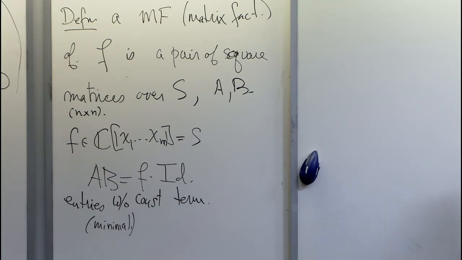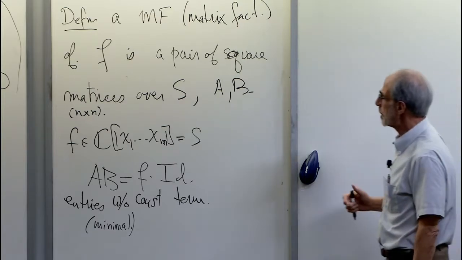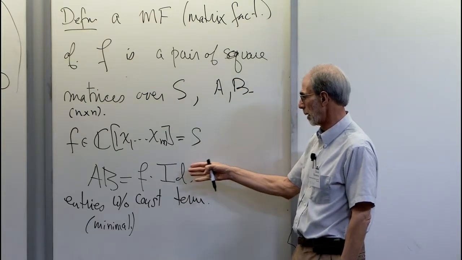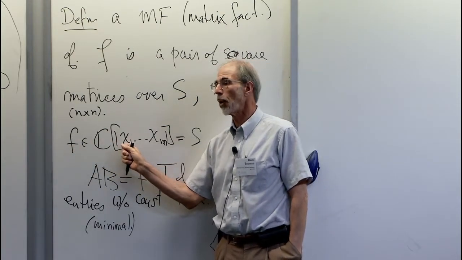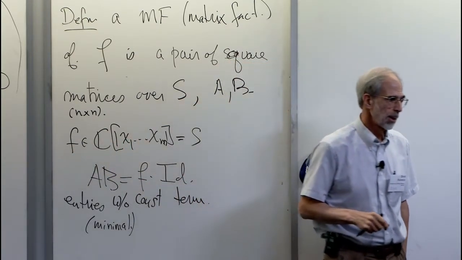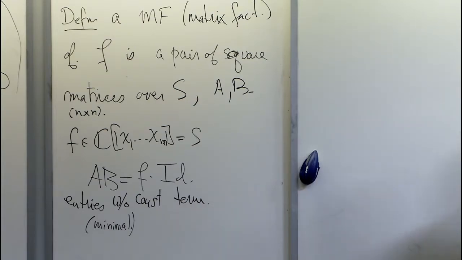So we could ask when this is possible, and it certainly isn't possible all the time. For instance, to give a non-trivial, in this sense, matrix factorization. For instance, if I took F to be x1, then, well, its order is 1. If I take the product of two things with no constant term, then I get things with quadratic leading term at best. So there aren't always matrix factorizations.